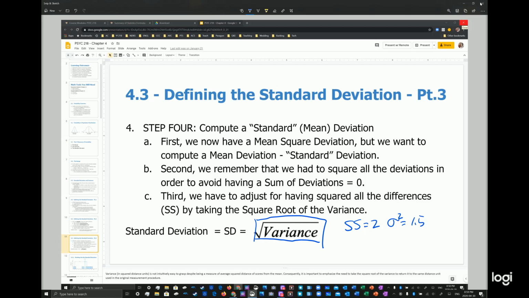Well, how do we get that? We got this from sum of squares over n, which was 2 over 3. We had 3 people. No. Excuse me. 2 divided by 3. That's not 1.5.